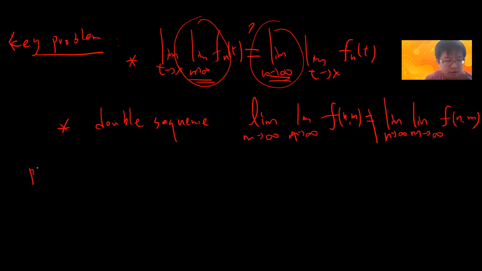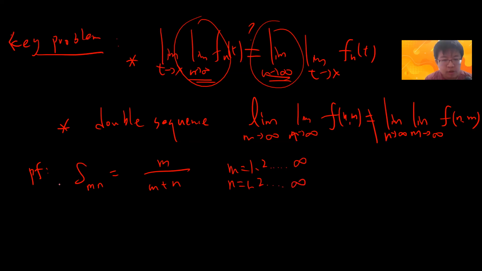Let's give a simple example. Let s_{m,n} be m divided by (m plus n), where m goes from 1 to infinity and n goes from 1 to infinity. For fixed n, I let m go to infinity.